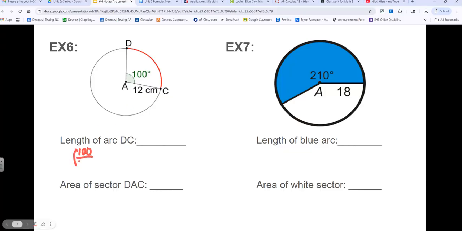That is out of a total of 360 degrees. And then I multiply by the circumference. In this case, since I have radius, I'm going to use 2 pi times radius. So 2 pi times my radius, which is 12. And so I'm just going to type all of that into my calculator.